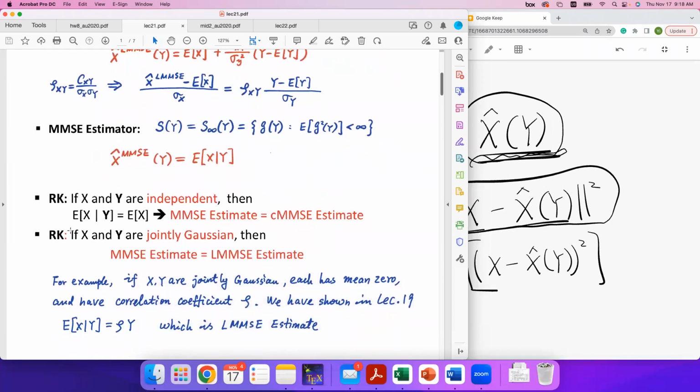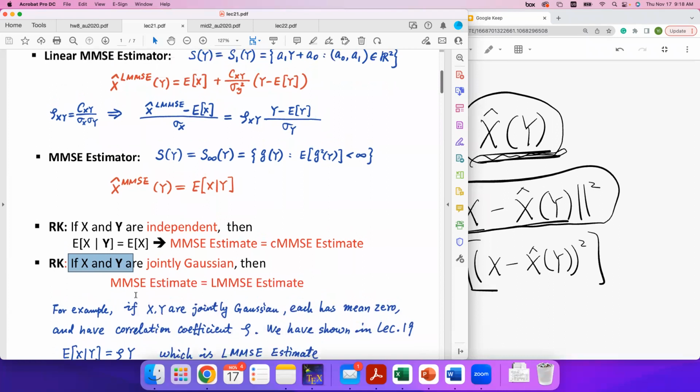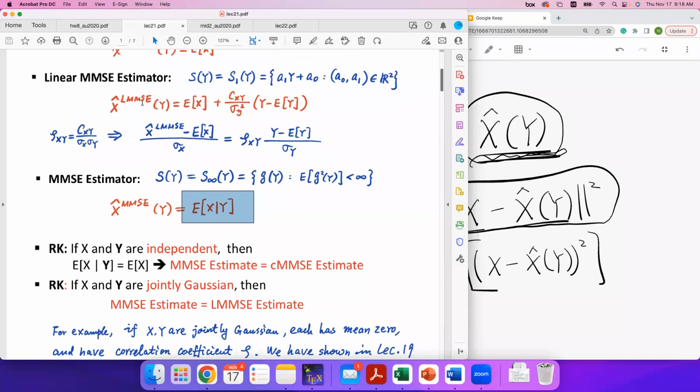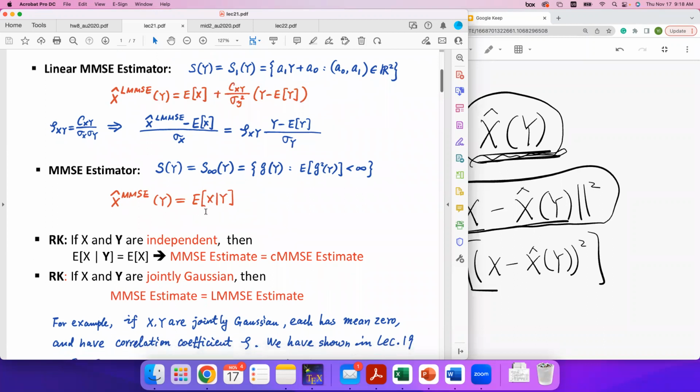In the second case, if x and y are joint Gaussian random variables, then the MMSE estimate, this conditional mean estimate, is equal to the linear MMSE estimate. Basically, if x and y are joint Gaussian, then this conditional mean takes such a linear form.